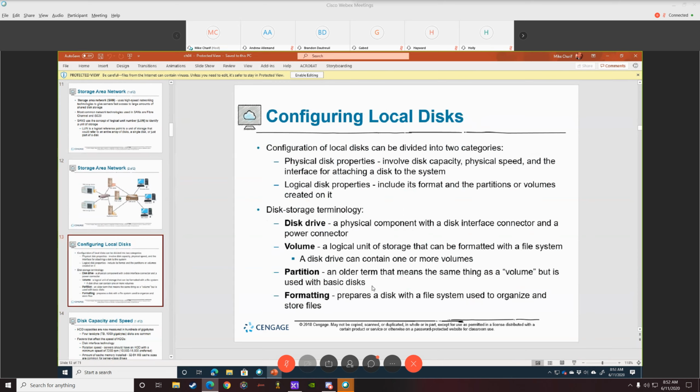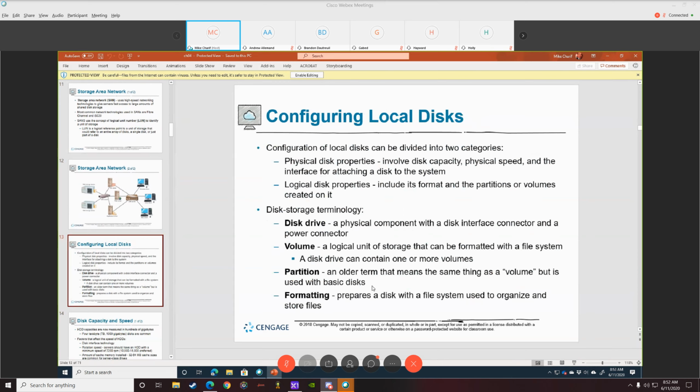It's good to do partitions because this way you separate your operating system files from the data and applications. Especially now, people buy an SSD drive, but compared to mechanical drives, an SSD is more expensive.